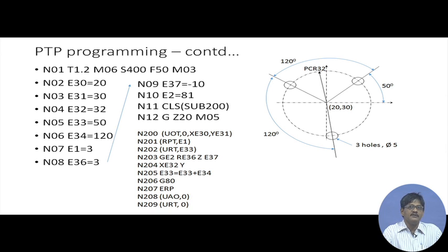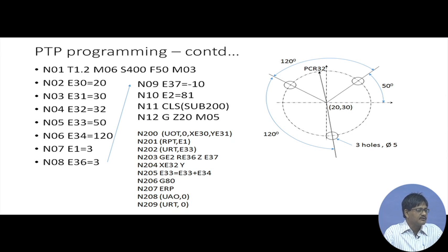It is now at the second hole location, the positive x axis. Again the hole will be drilled on the x axis at 32, 0, and the second hole is drilled now. This way first hole, second hole, third hole get drilled.